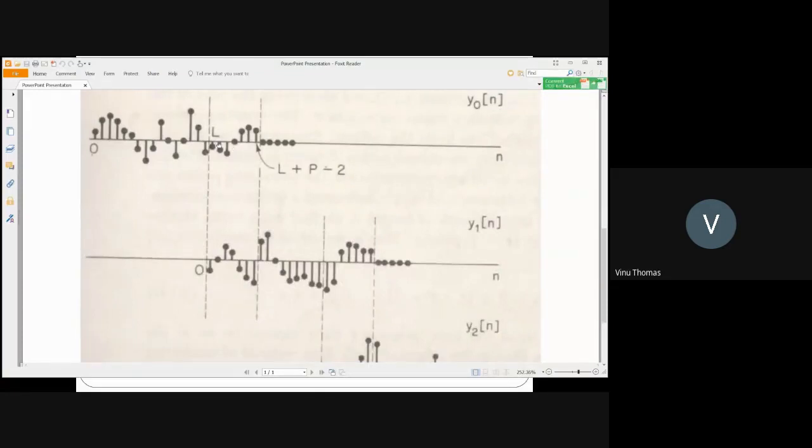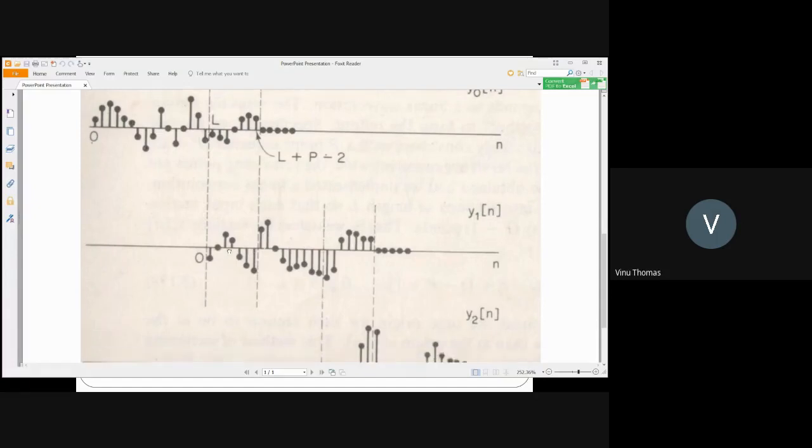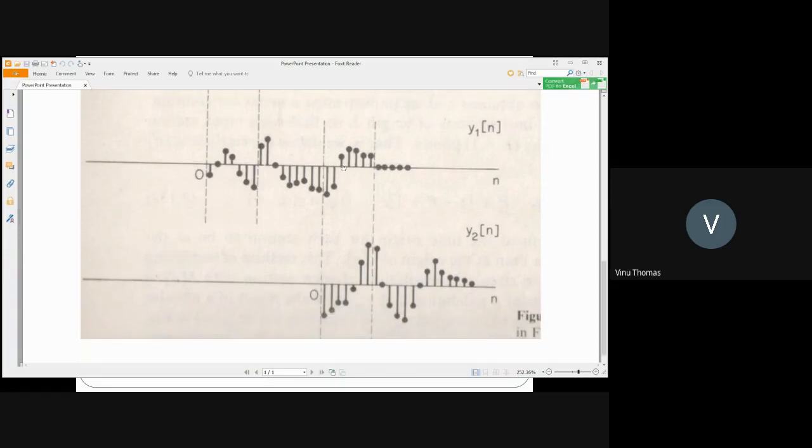The samples from L to L plus P minus 2, that is the last P minus 1 samples of y0 of n, overlap with the first P minus 1 samples of y1 of n. The last P minus 1 samples of y1 of n overlap with the first P minus 1 samples of y2 of n.